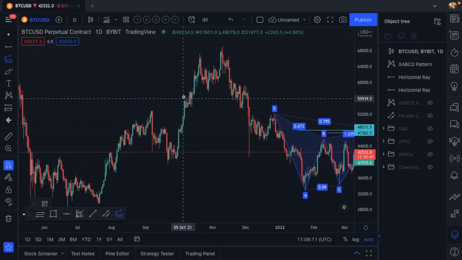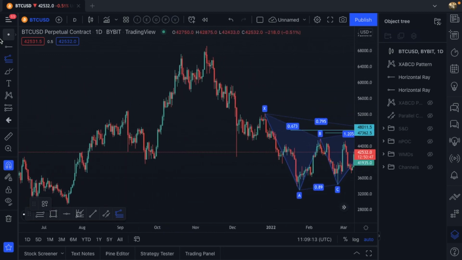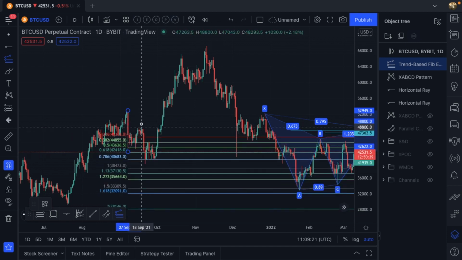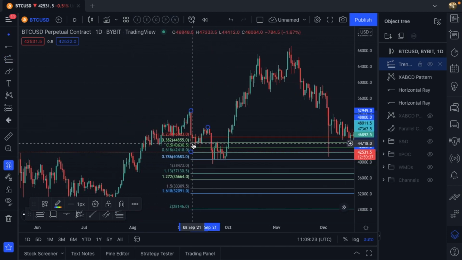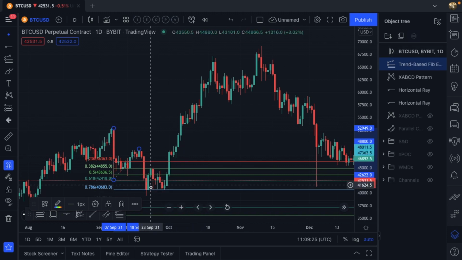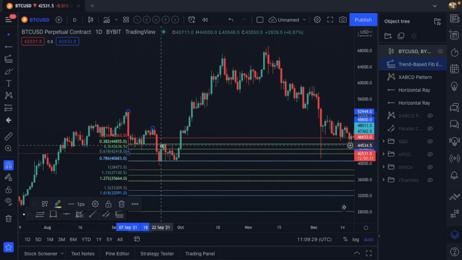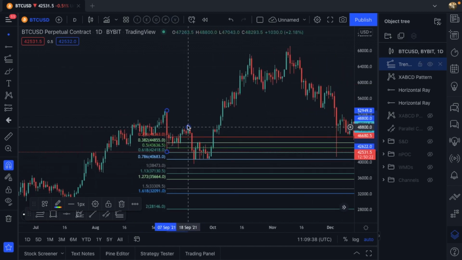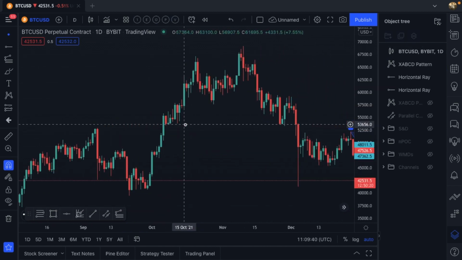A lot of people don't use it, but for example, let's just look at this way back when. So 786 and right back up. I would have personally been waiting for the one-to-one extension on this, so I wouldn't have taken this trade unless I found other factors, obviously, but based on that alone.